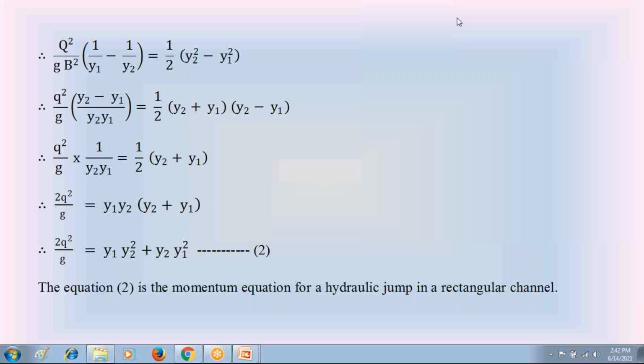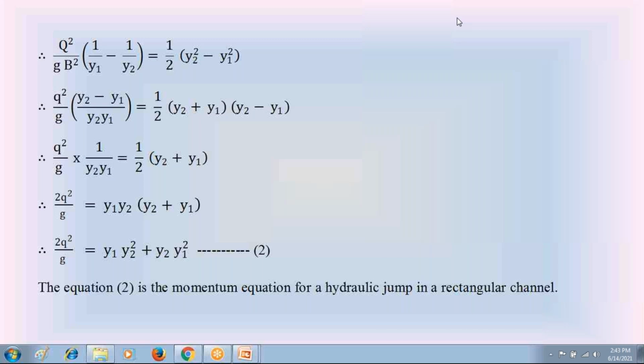We know in a hydraulic jump, at section 1 the specific force is F1 and at section 2 the specific force is F2. From Newton's second law, we proved that F1 is equal to F2. F1 is equal to Q square by ZA1 plus A1 Z1 bar. F2 is equal to Q square by ZA2 plus A2 Z2 bar.